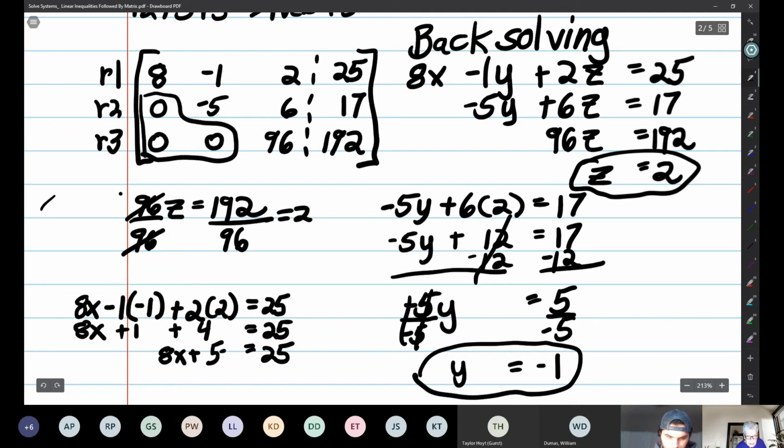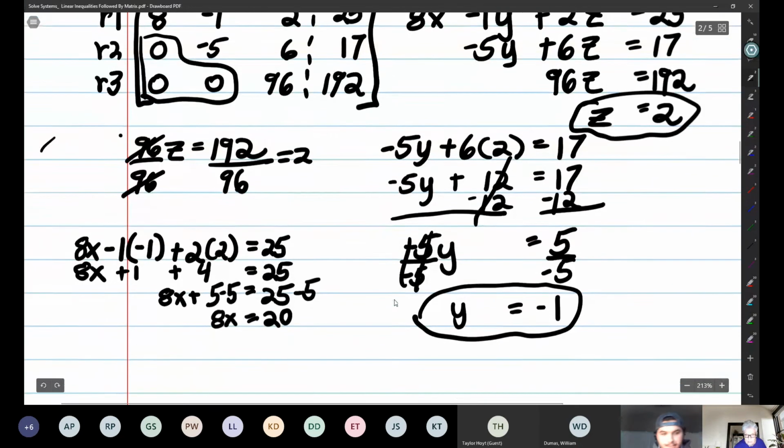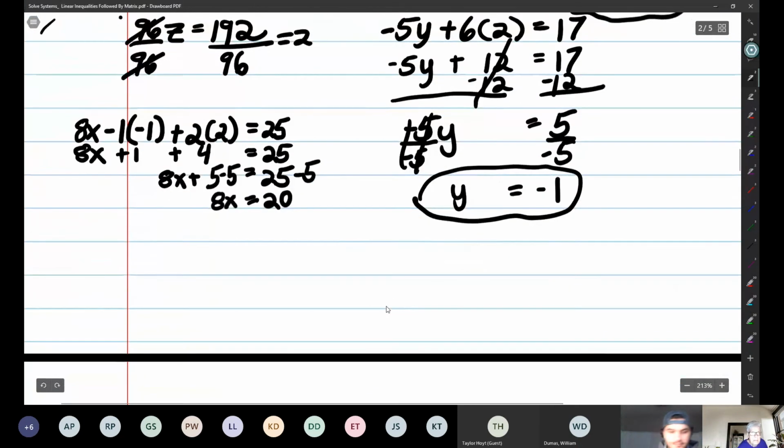Subtract 5 from both sides. So 8x equals 20. Divide both sides by 8.